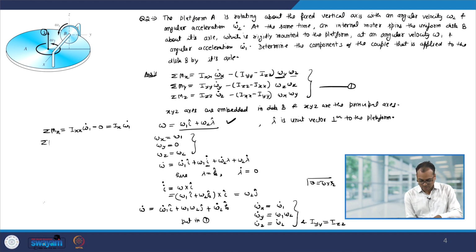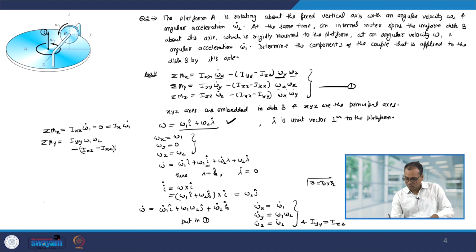Summation My will be Iyy omega y dot, which is omega 1 omega 2, minus Izz minus Ixx into omega z omega x, where omega z is omega 2 and omega x is omega 1.